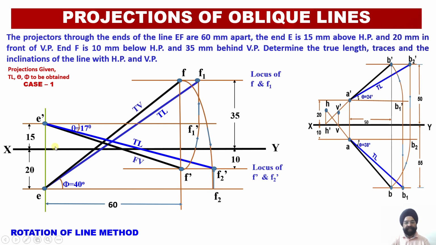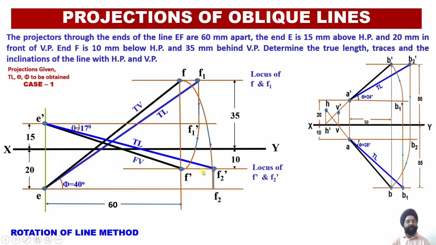But you can check the black lines: E dash F dash is itself intersecting with my XY line. Similarly, EF is itself intersecting with my XY line. So I don't need to extend E dash F dash and EF to obtain the horizontal and vertical traces.